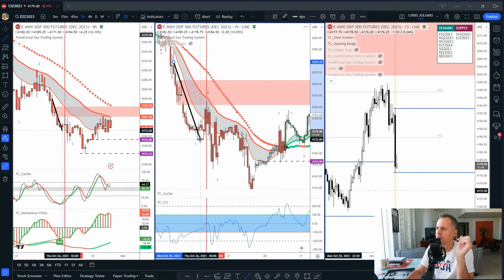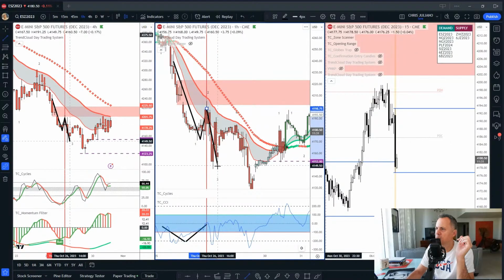It came down, pulled back up, and that's represented here. It pulled back up and did not pass positive 100. So we got the move down. And it did it again, pulled back up into the trend cloud, impulse down, pulled back up, went a little further, big impulse down.